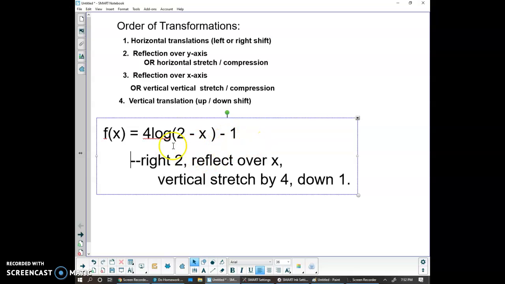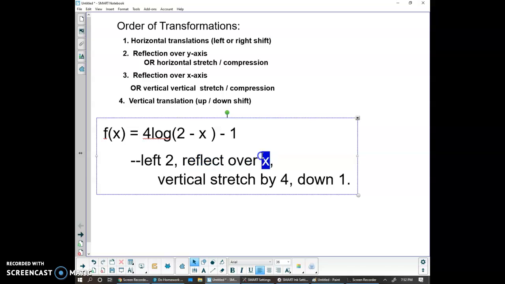Okay, so to recap this particular example here, we would start with the 2, because this is a +2. You would go to the right 2. Actually, that's incorrect. +2 goes left 2 first. Then we're going to reflect it over the x-axis. So that left 2 actually does become a right 2, but that's after you do the reflection over the x-axis.